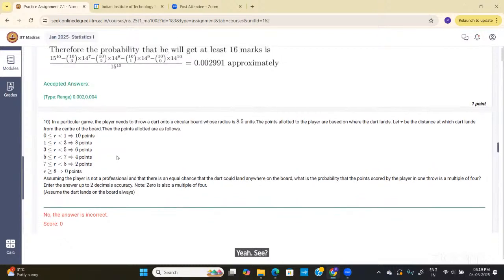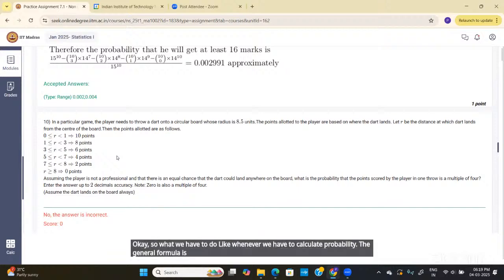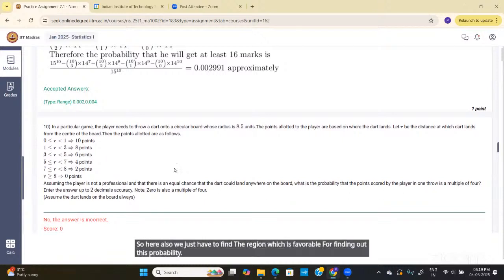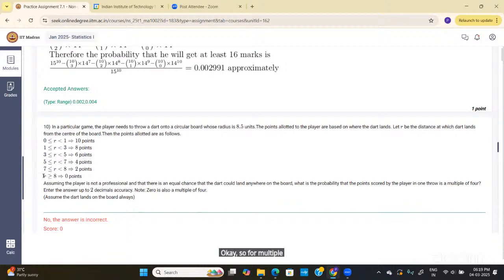Whenever we have to calculate probability, the general formula is favorable outcomes divided by total number of outcomes. So here also we just have to find the region which is favorable. For multiple of 4, we have to take this region: R greater than 8, then R lying between 5 to 7, and then 1 to 3.